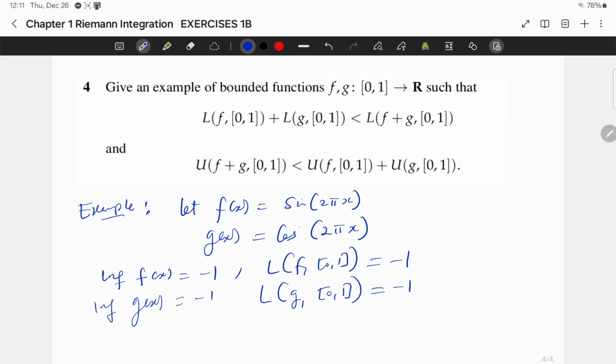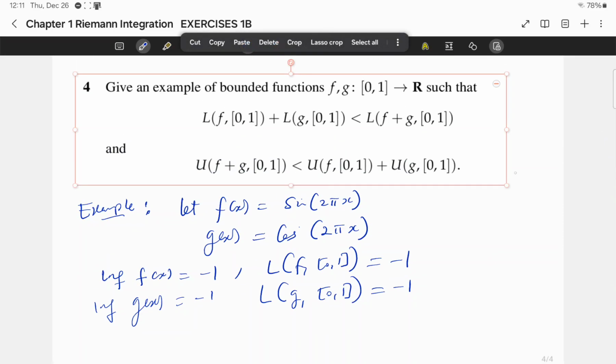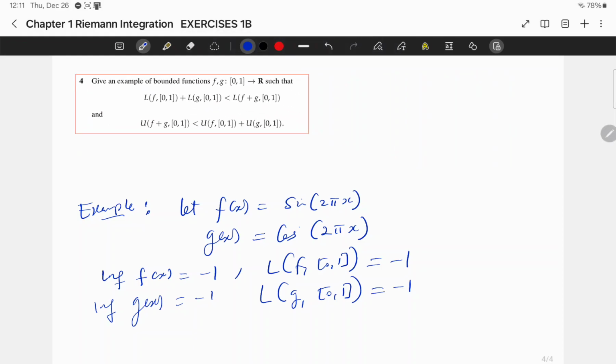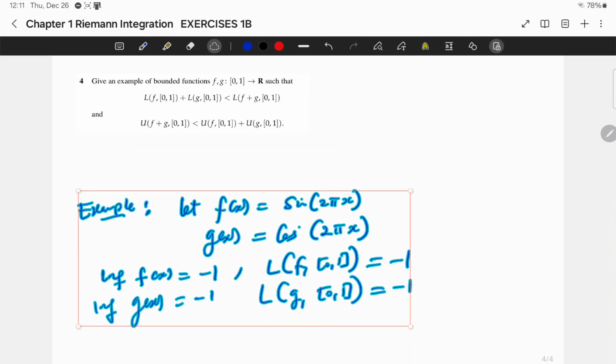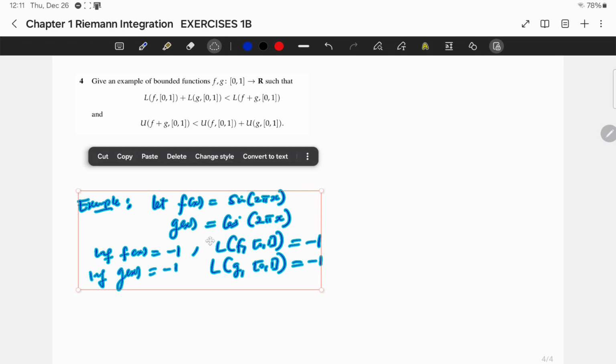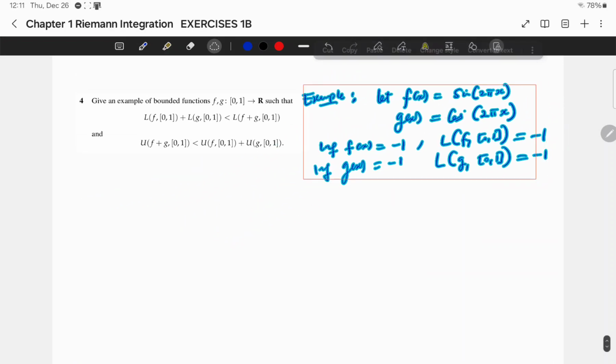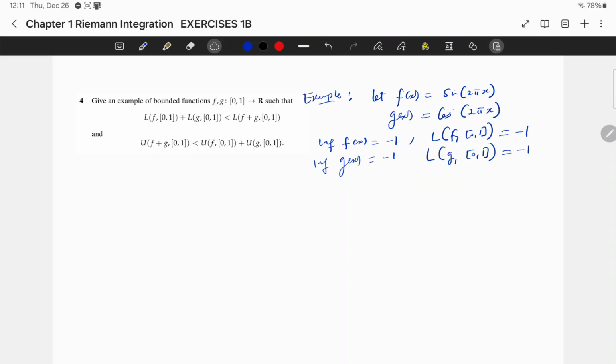So if you add them together, f of x plus g of x, so you have sin 2 pi of x plus cos 2 pi of x.